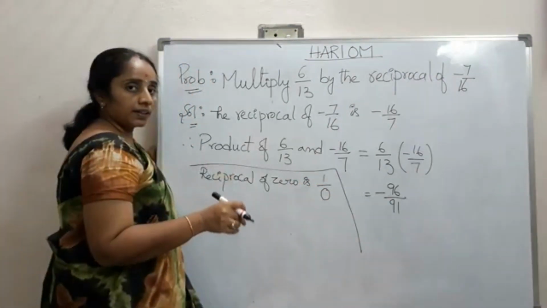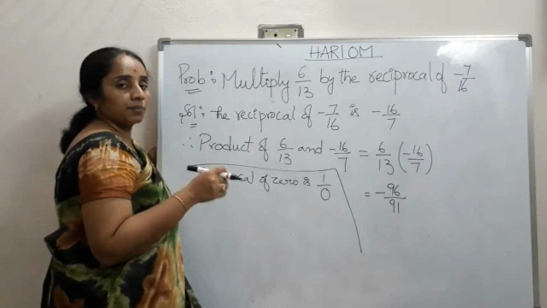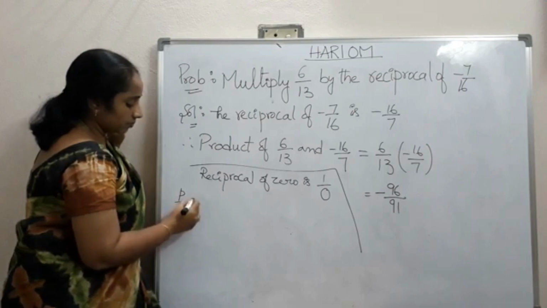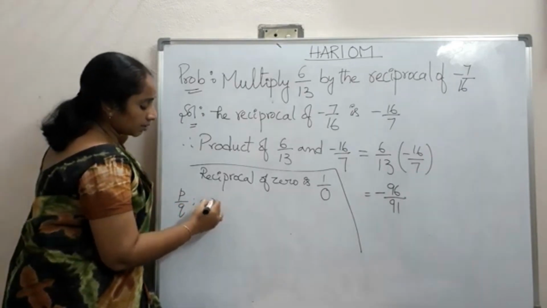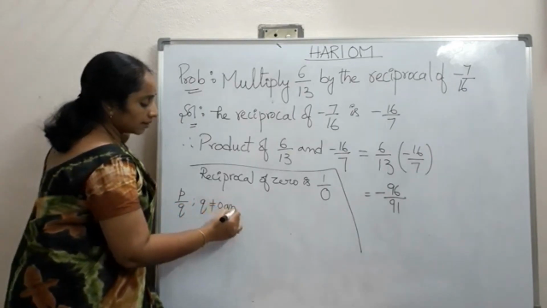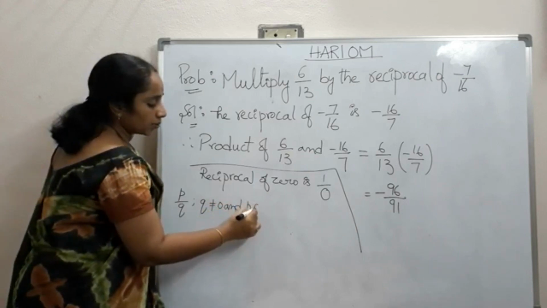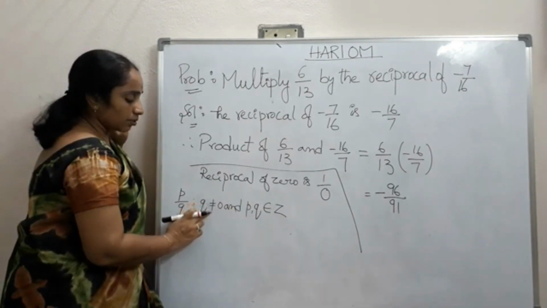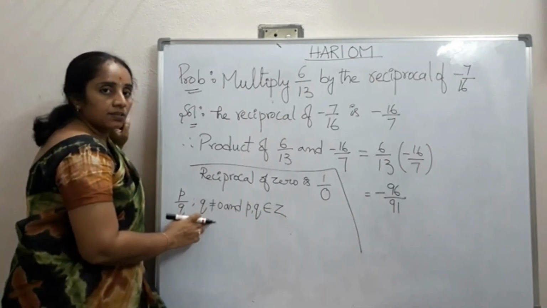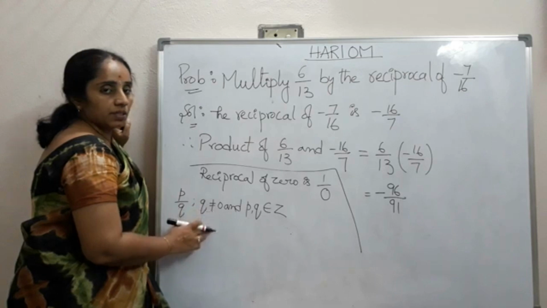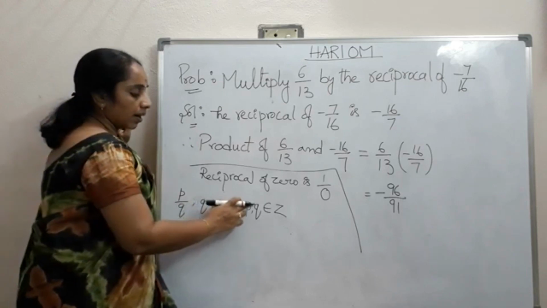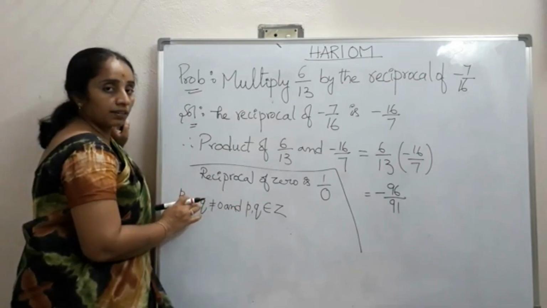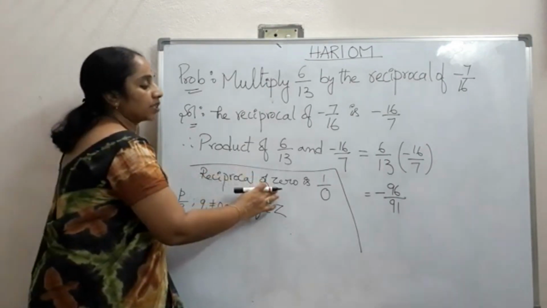In our definition, that is the rational number definition, it is P by Q, Q not equal to 0 and P, Q belong to Z, meaning Q should never be equal to 0, and P, Q are integers. But in this question what have they given? Reciprocal of 0.